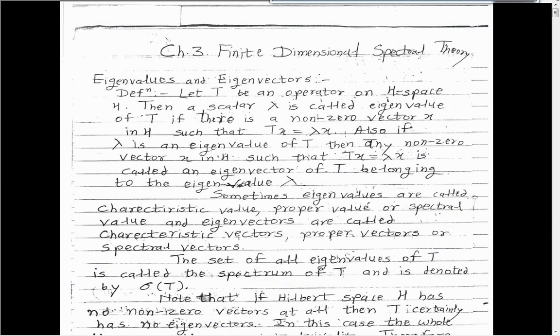Let T be an operator on Hilbert space H. A scalar lambda is called an eigenvalue of operator T if there is a non-zero vector x in H such that Tx is equal to lambda x.